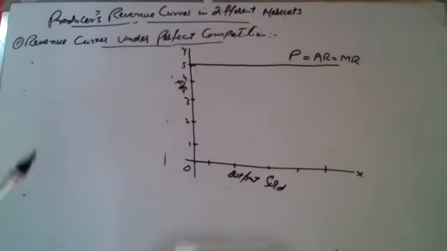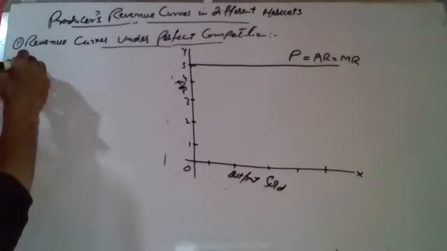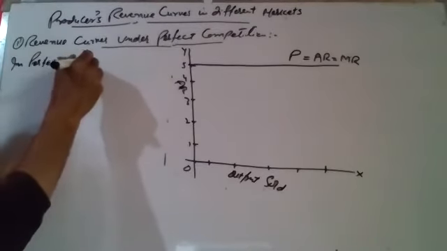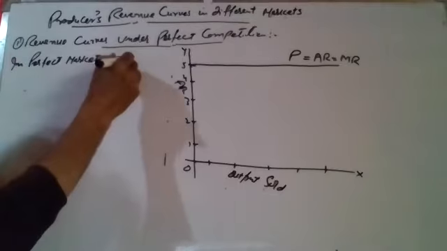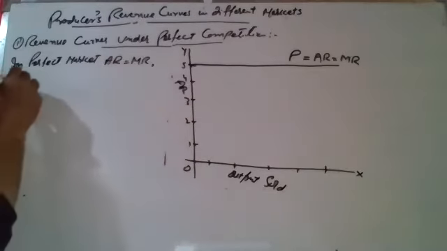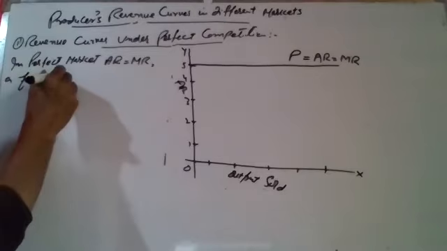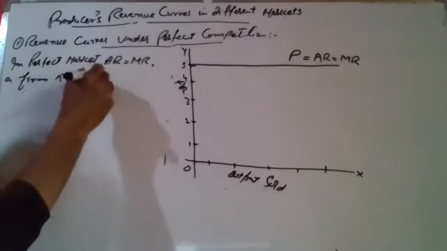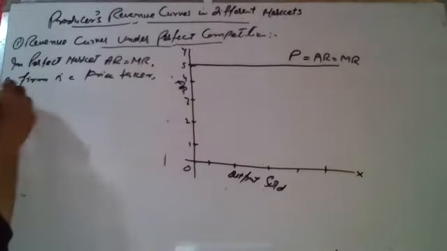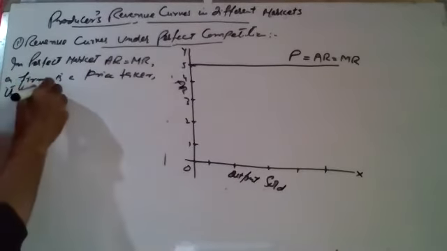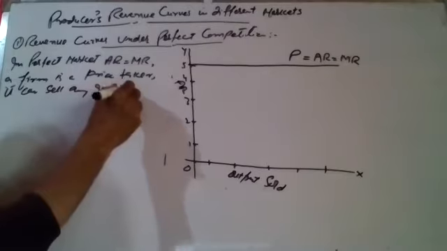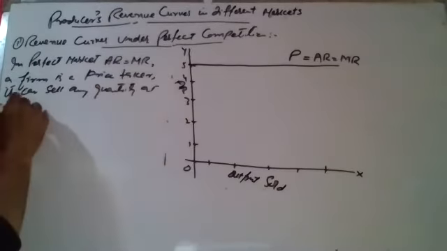We will write, in perfect market, average revenue and marginal revenue are the same, a firm is a price taker, it can sell any quantity at the same price.